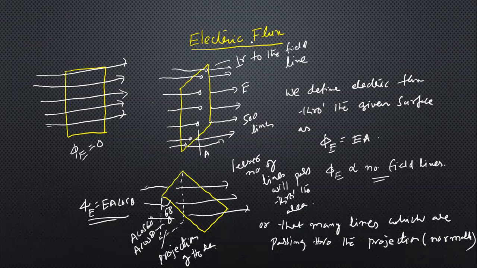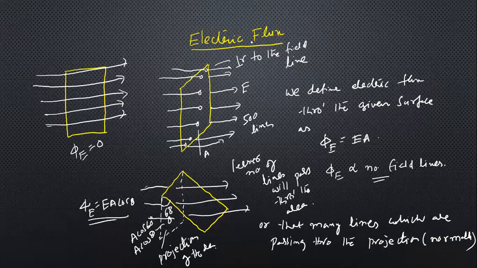Say if you're drawing it on a paper by some method, how sharp your pencil is and how much time and patience you have got, so that many lines you can draw. So to remove that whole idea from the subjective nature, we went for defining a mathematical quantity called flux, which is E into A basically.